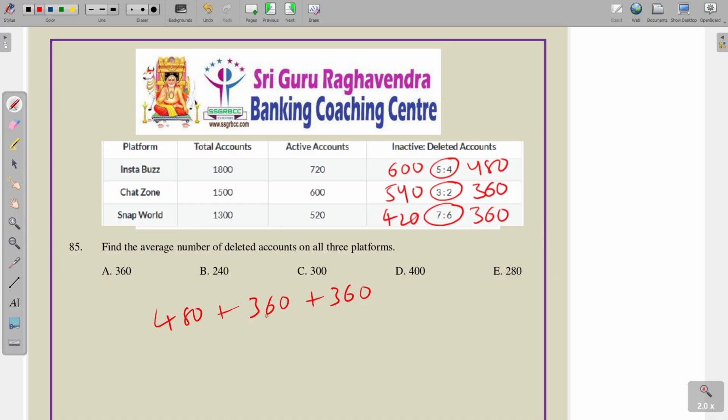In that the average is 360, and there is an extra 120. This extra 120 is distributed equally by 3 accounts, which means 40 each. The average of all the 3 is 400, 360 plus 40 is 400.